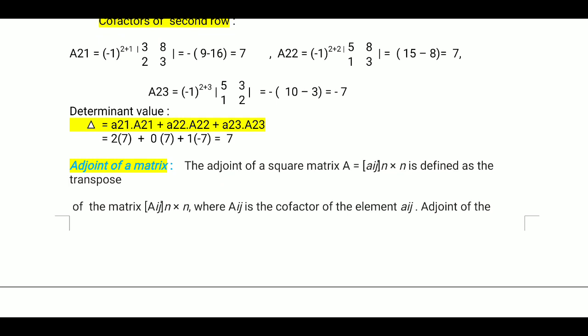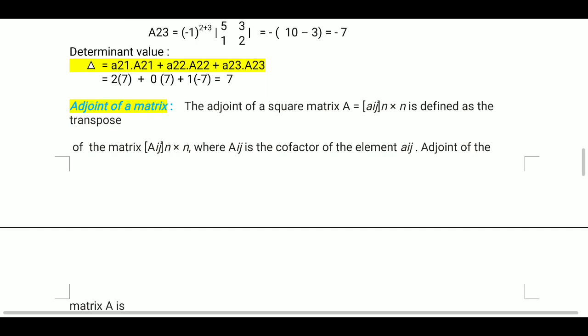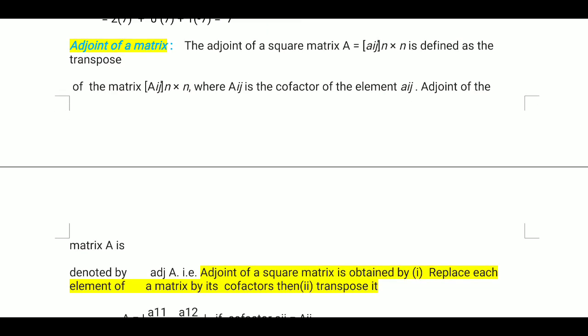Now there is another point, which is the adjoint of a matrix. The adjoint of a matrix is obtained as follows. First, we find the cofactor of each element of the determinant.